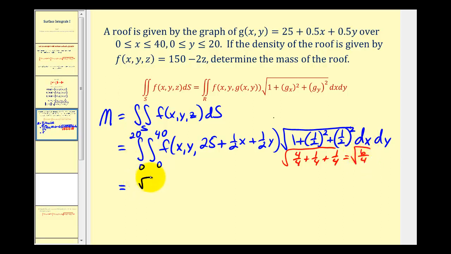Let's go ahead and factor that out. And now for our function f, we'll have 150 minus 2 times z, but z is 25 plus 1/2 x plus 1/2 y.